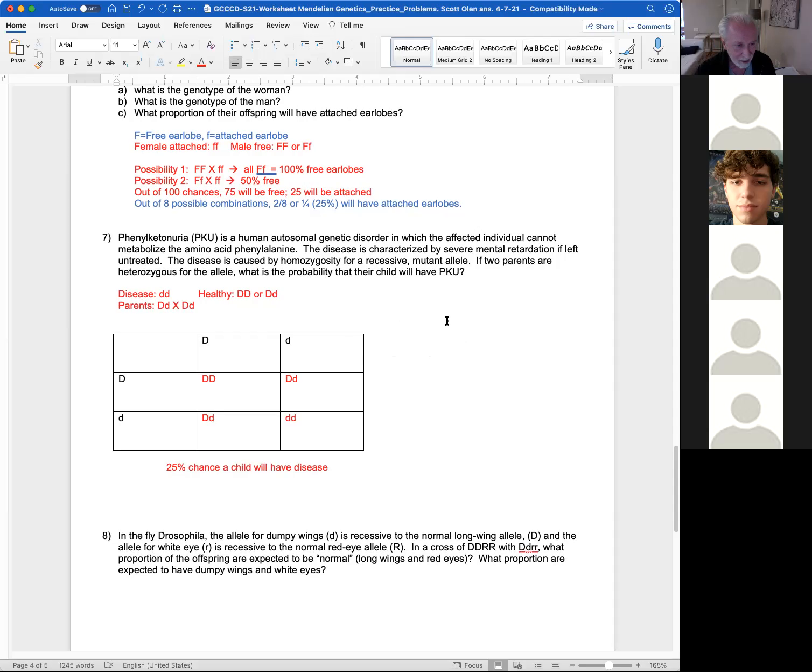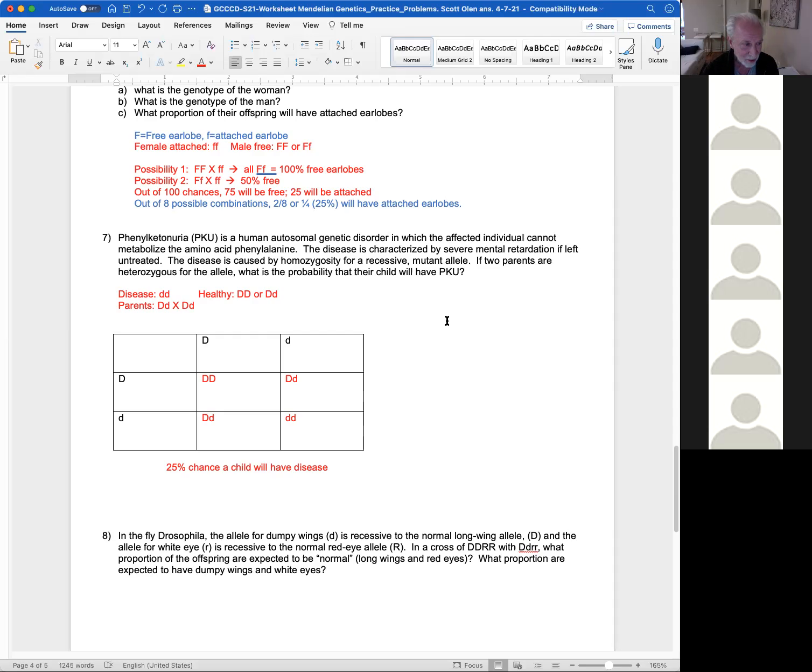Autosomes are in contrast to what? The sex chromosomes, right. So the autosomes are all the other ones. Okay, so we know then that this gene for phenylketonuria is on an autosome. That means it's not on a sex chromosome.